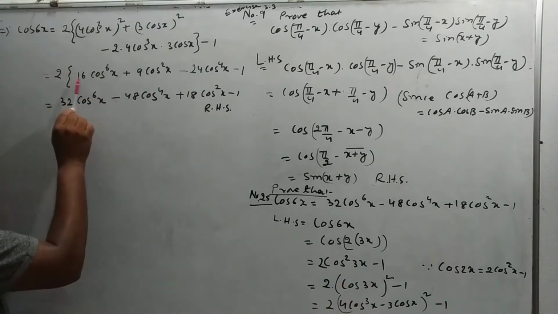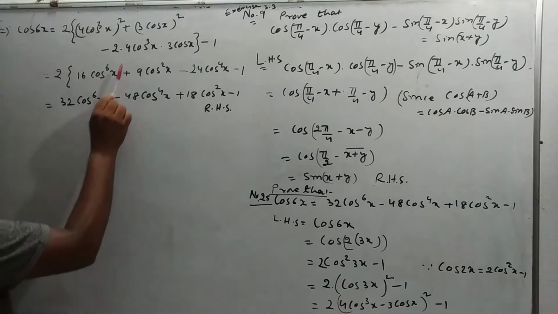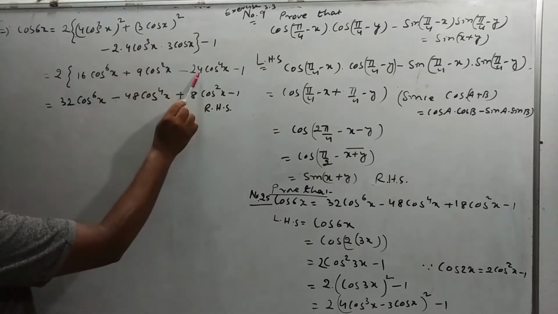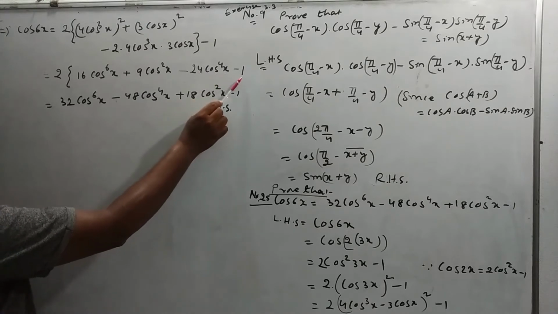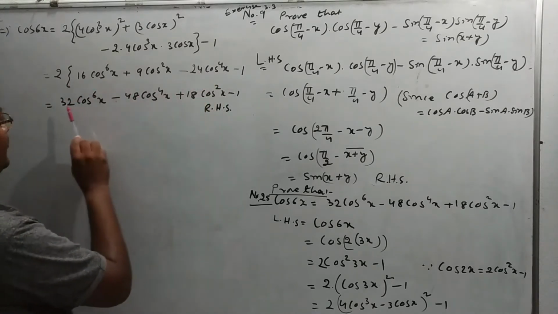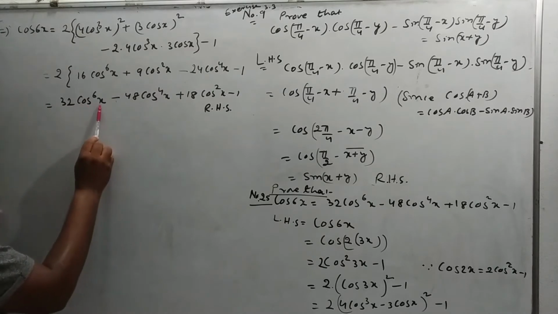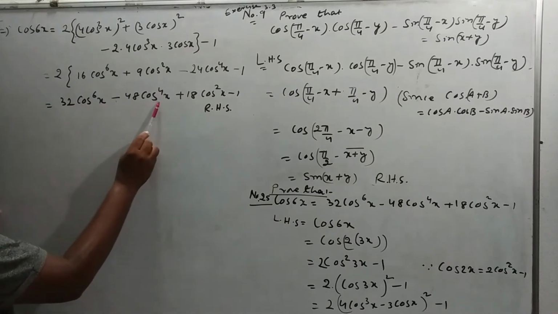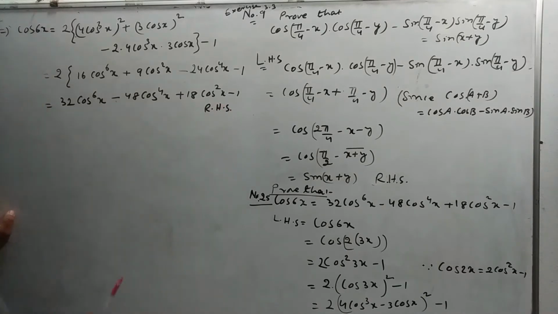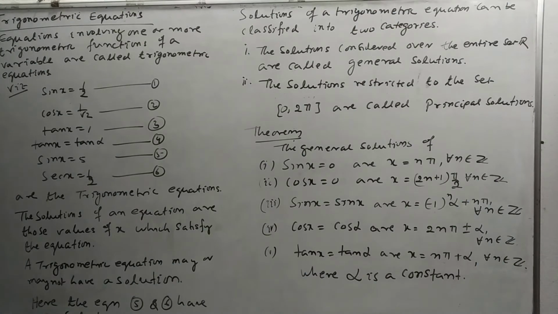So 2 times [16 cos to the power 6 x, plus 9 cos square x, minus 4 into 2 into 3, that is 24 cos to the power 4 x], minus 1. So we multiply by 2 here: 32 cos to the power 6 x minus 48 cos to the power 4 x plus 18 cos square x minus 1. It is my RHS. Now come to the trigonometric equations.